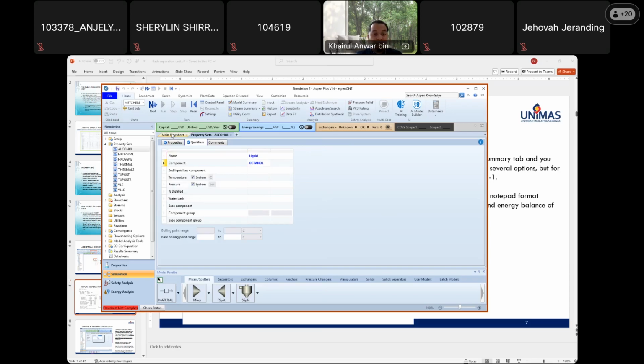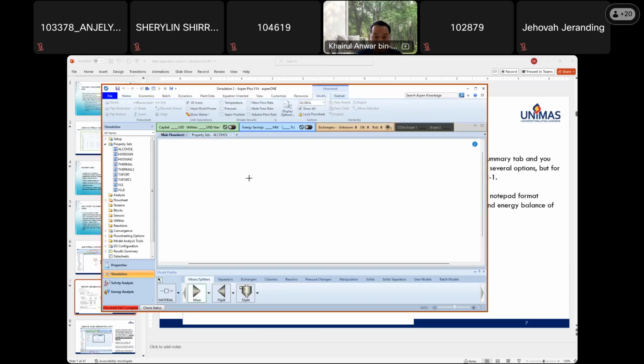Okay, now go to the main flowsheet. There are three inlets. We have H2O. What else? Solute. Solute is one propanol. Octanol. This one is the three mixer.